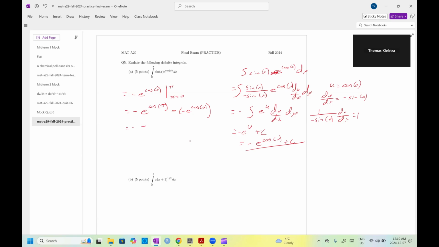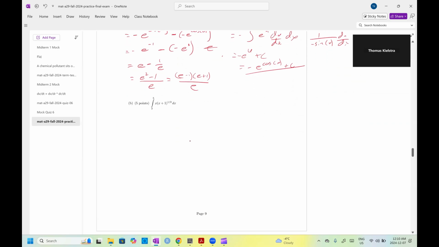So this equals minus e to the minus 1 minus, minus e, and cos of 0 is 1. So it's going to be equal to e minus 1 over e, which if we do a common denominator, we get e squared minus 1 over e, which is (e minus 1)(e plus 1) all over e. We'd expect you to get to this type of step.